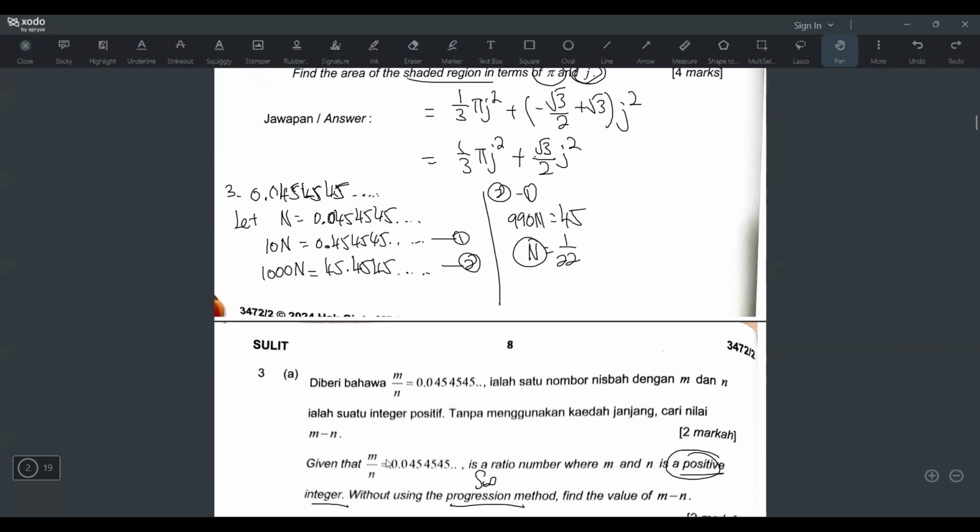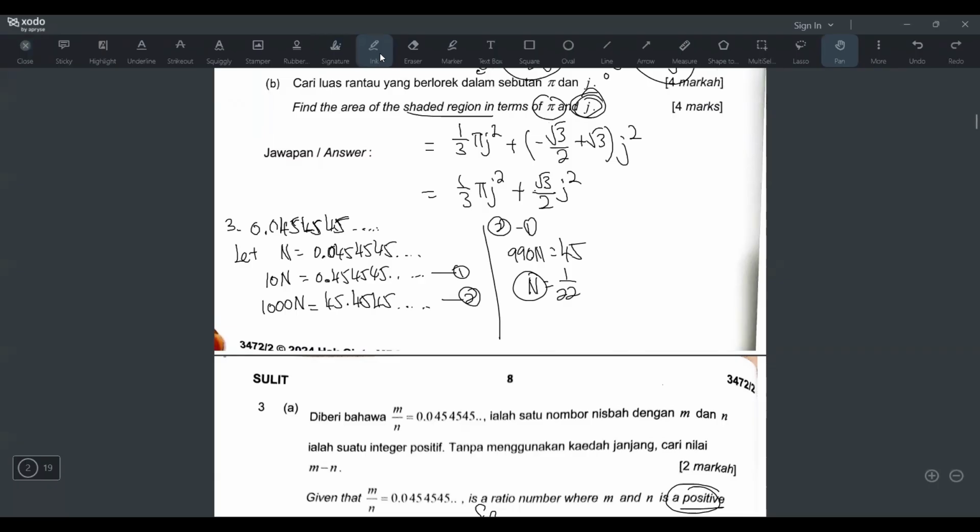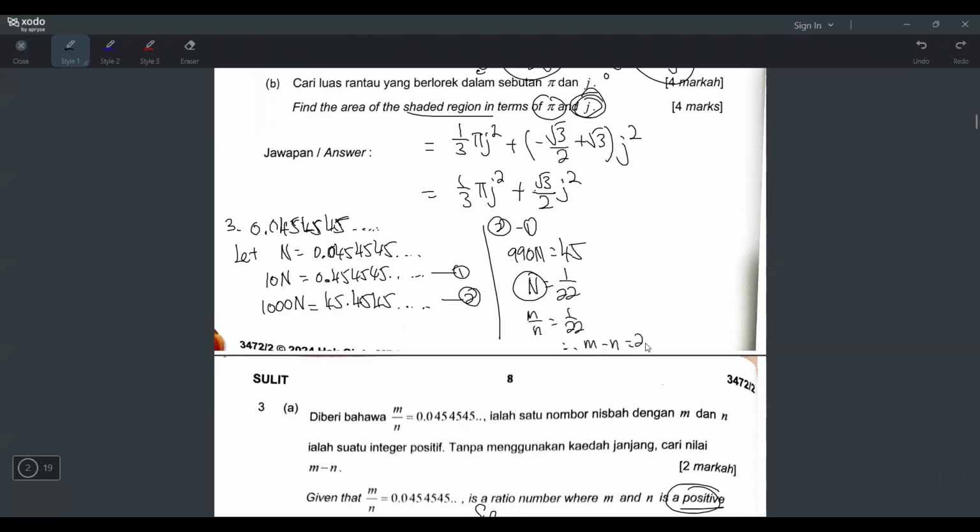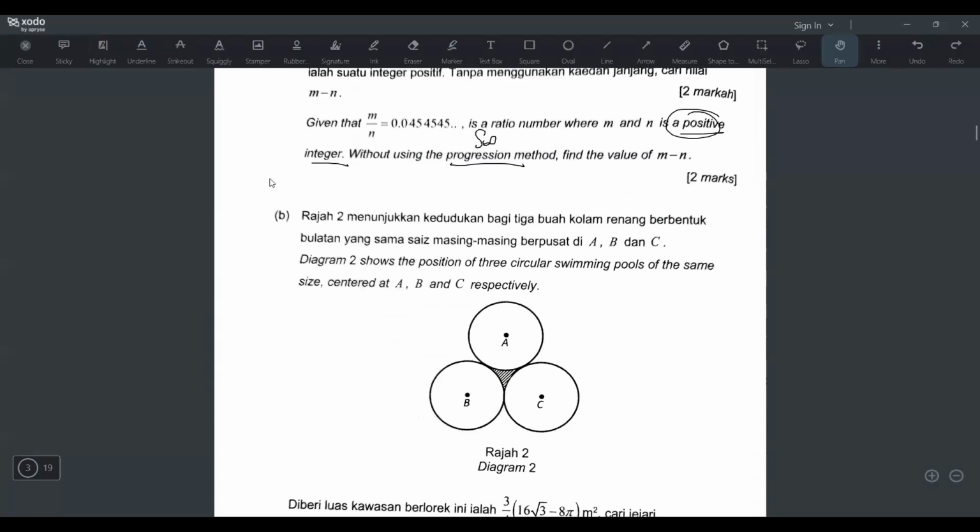And they said this is equals to m over n. That means m over n equals to 1 over 22, and m minus n equals to 1 minus 22, right? Because m is the atas punya number, and then minus 22, which is negative 21, right? So that's the answer for A. Okay, hope you understand.